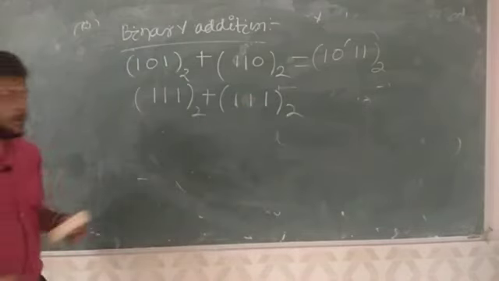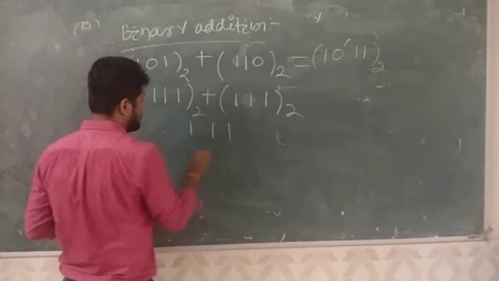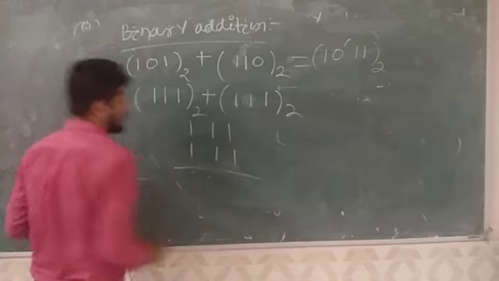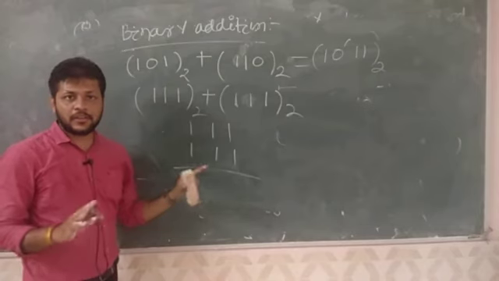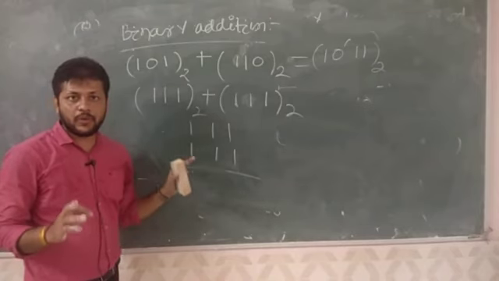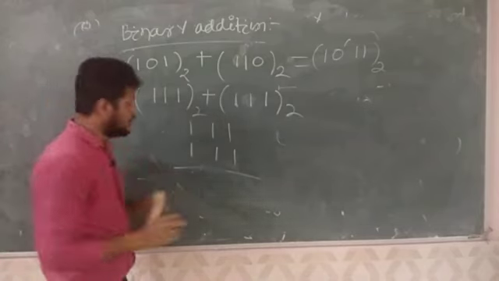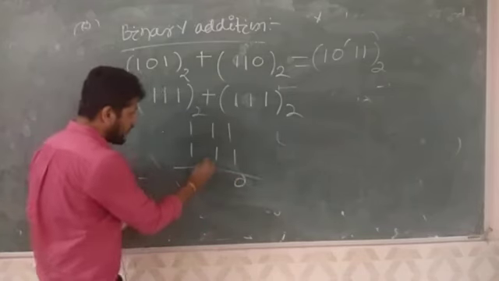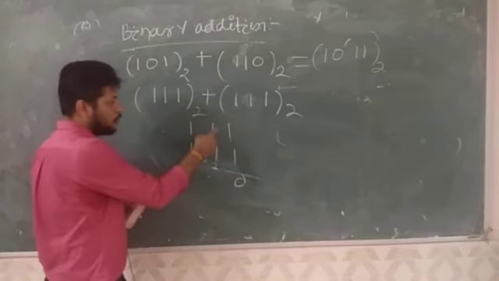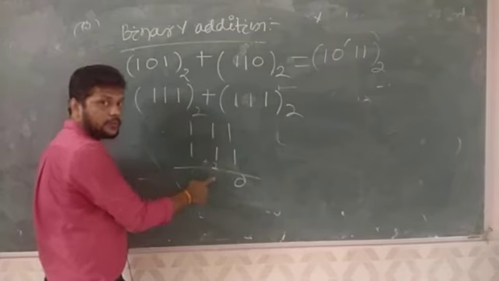111 added with 111. Then how to add? Remember, 1 plus 1 doesn't mean 2. In binary 1 plus 1 means 10. So keep 0 and take 1 as the carry, and that 1 will be added with the next column. So 1 plus 1 is 10, 10 plus 1 is 11.